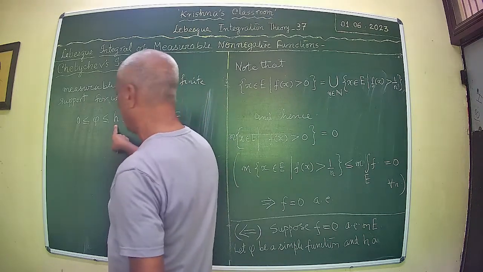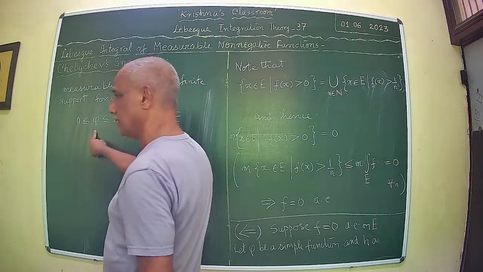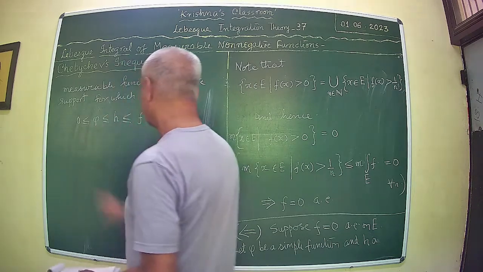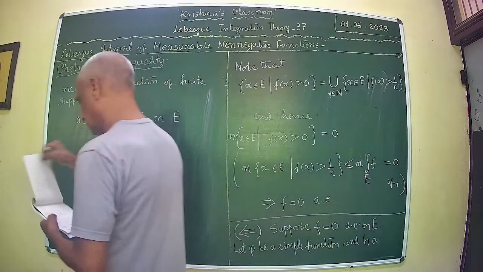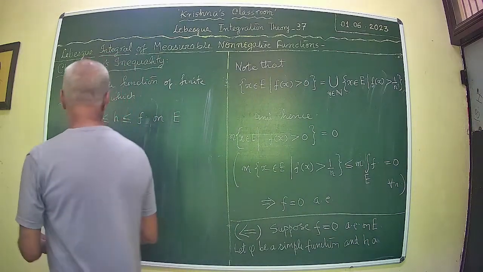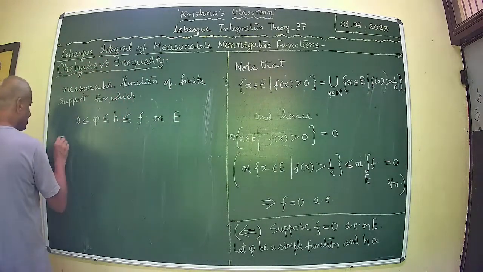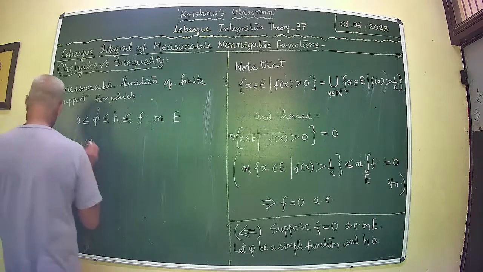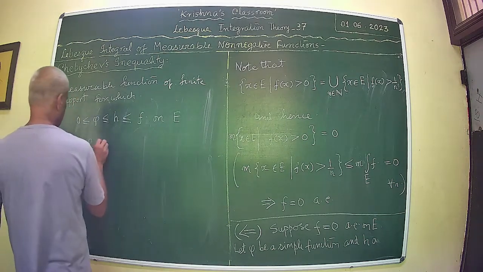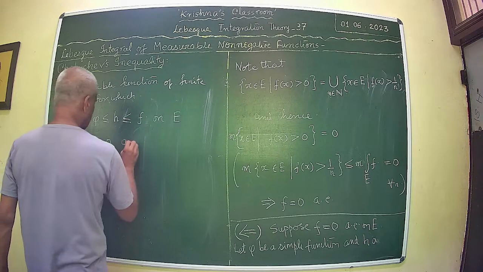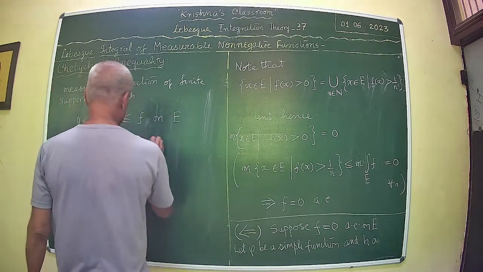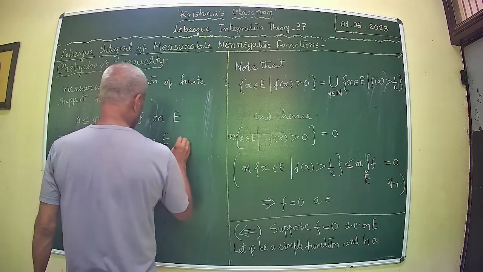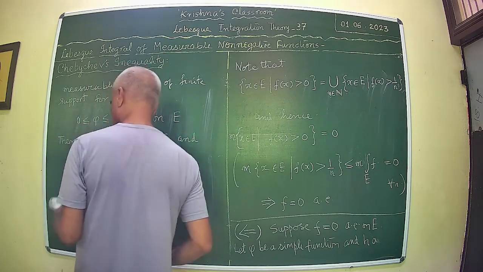So you can find an h like this, and then you can find a simple function satisfying this inequality. Okay.